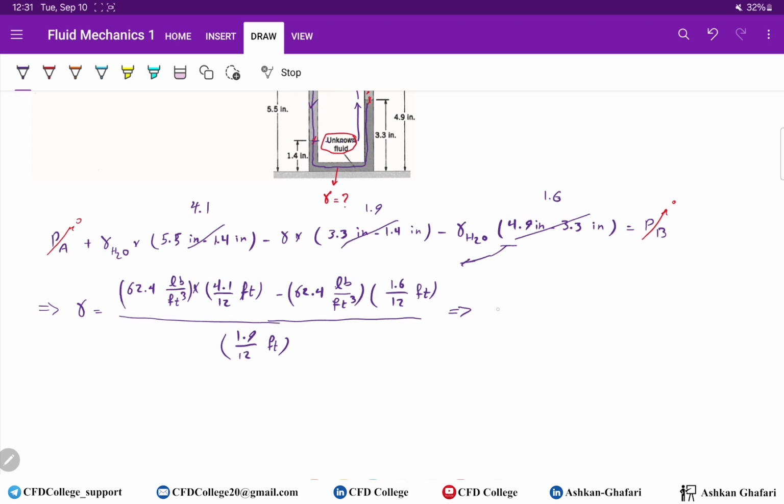So from this you can find gamma is equal to 82.1 pounds per cubic feet.